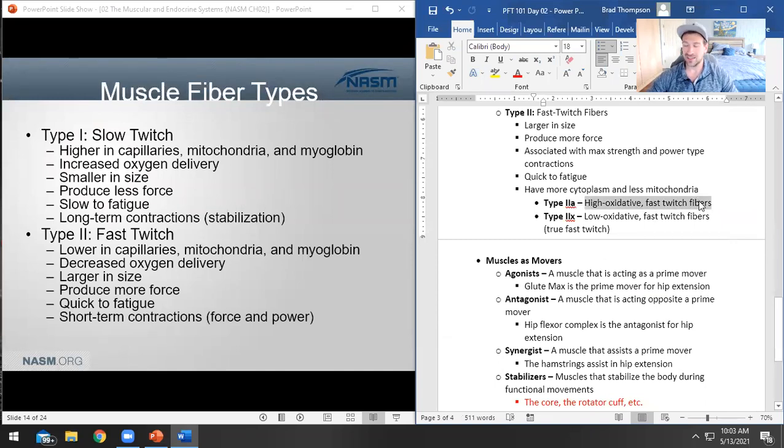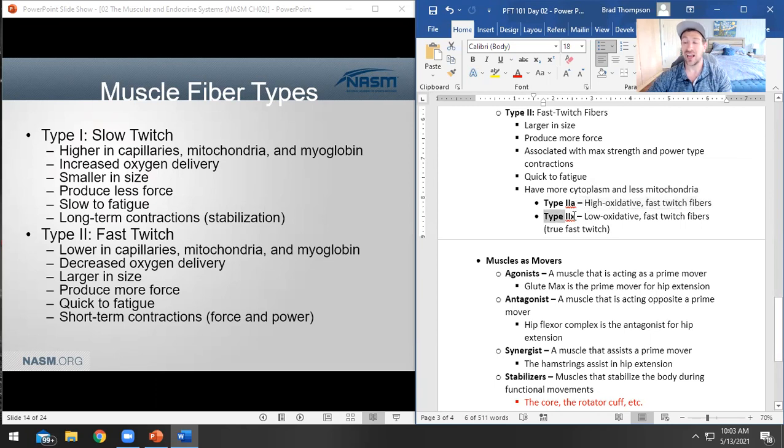So a high oxidative fast twitch fiber person is typically what we associate with our professional athletes. Like we think about LeBron is probably very strong, but he also plays a lot of minutes, right? Maybe not as many anymore, but definitely a very, very active person. That's sort of what we associate with general athletics.